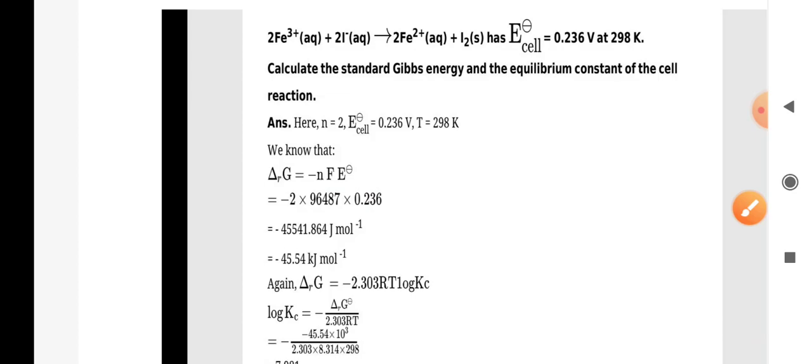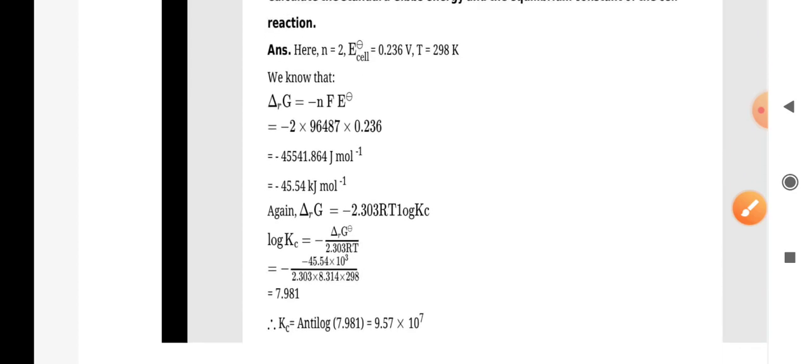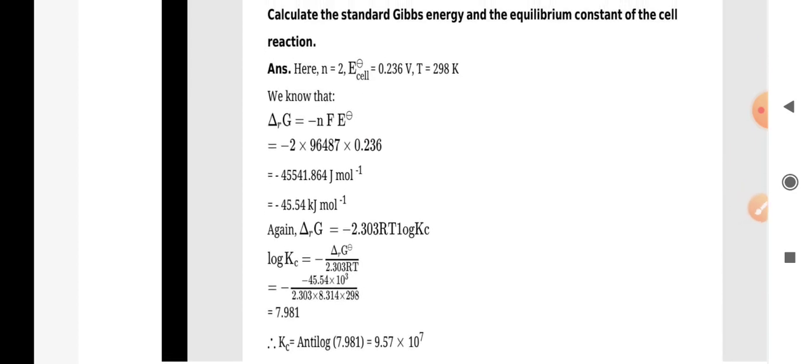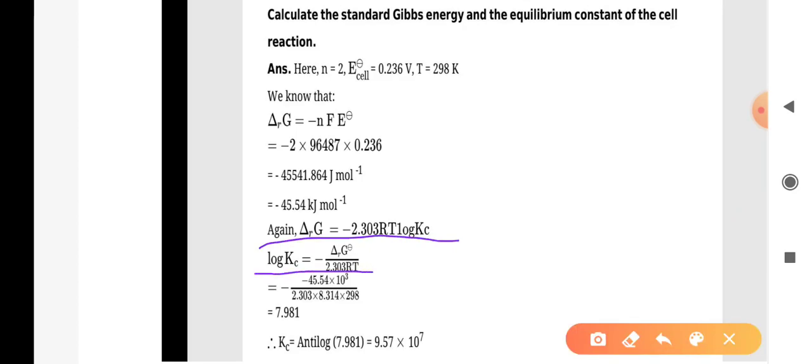Now second part of the numerical, we have to calculate the equilibrium constant. Same, we will use the formula delta G is equals to minus 2.303 RT log Kc. Then log Kc we write in this form, minus delta G divided by 2.303 RT.